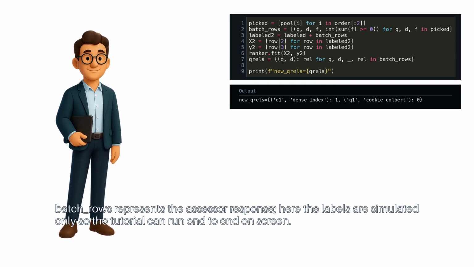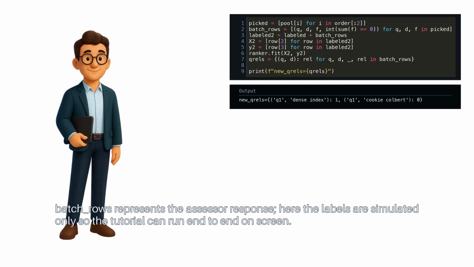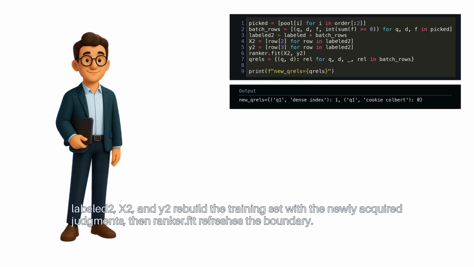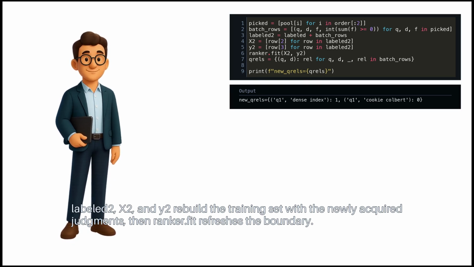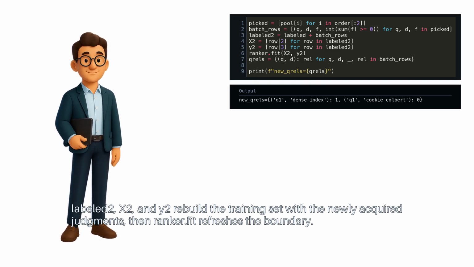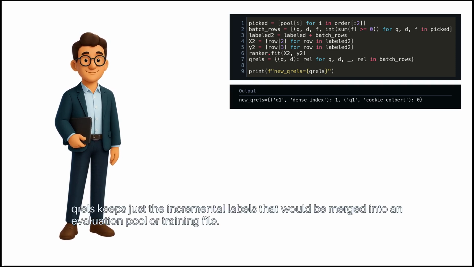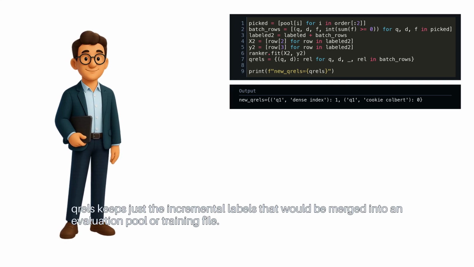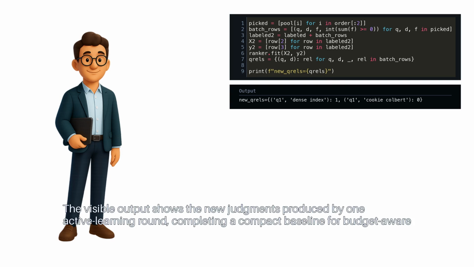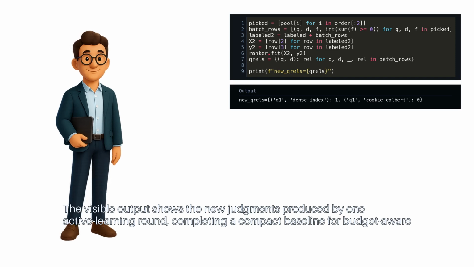Here, the labels are simulated only, so the tutorial can run end-to-end on screen. labeled2, X2, and y2 rebuild the training set with the newly acquired judgments. Then ranker.fit refreshes the boundary. qrels keeps just the incremental labels that would be merged into an evaluation pool or training file. The visible output shows the new judgments produced by one active learning round, completing a compact baseline for budget-aware relevance labeling.